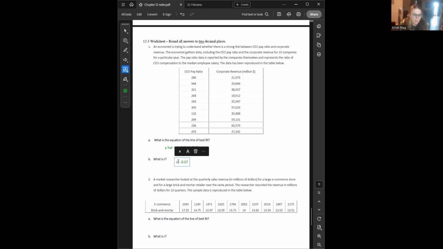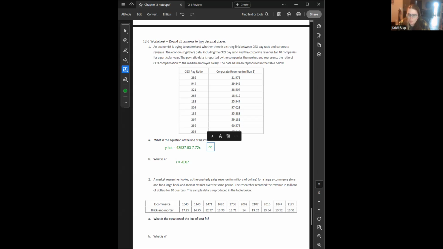Okay, so let me just go back up and talk about the other possibilities for y hat. That would be using the other way. So this one used the linear with the y equals a plus bx.